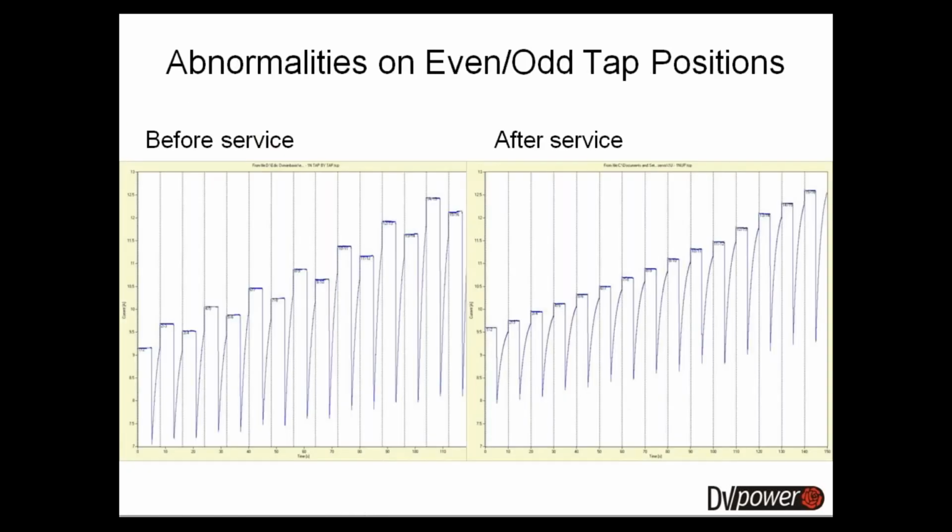When this same diverter switch was taken apart and cleaned and the faulty contacts replaced, the same test was repeated after service, and you can immediately see the difference. Because the problems with the contact resistance have been cleared, you can see a much better and much smoother linearity in the after-service graph.